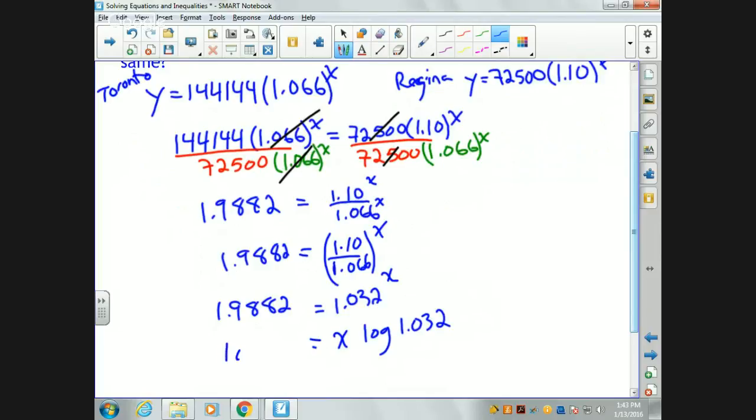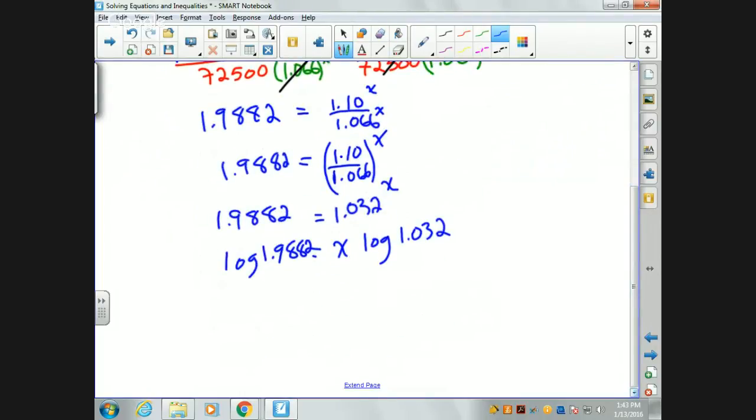And then obviously if we took the log on the right, we better do the same on the left. That's really messy. Sorry, guys. I want you to be able to read it, though.